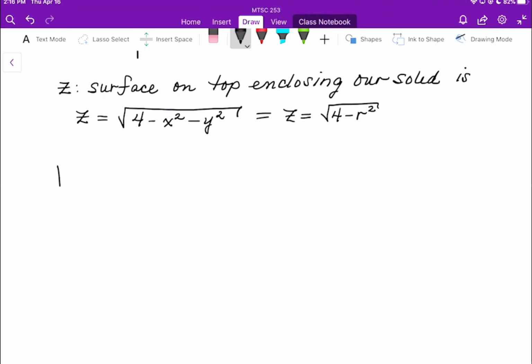So therefore the volume turns out to be theta goes from 0 to 2 pi, r goes from 1 to 2. Our function z on top becomes the square root of 4 minus r squared, and then r d theta makes this a nice, easy integral because of the r.